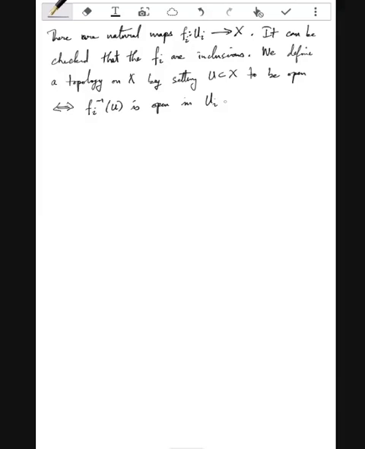And the topology on X is defined as follows. We define a topology on X by setting U, a subset of X, to be open if and only if Fi inverse of U is open in Ui.